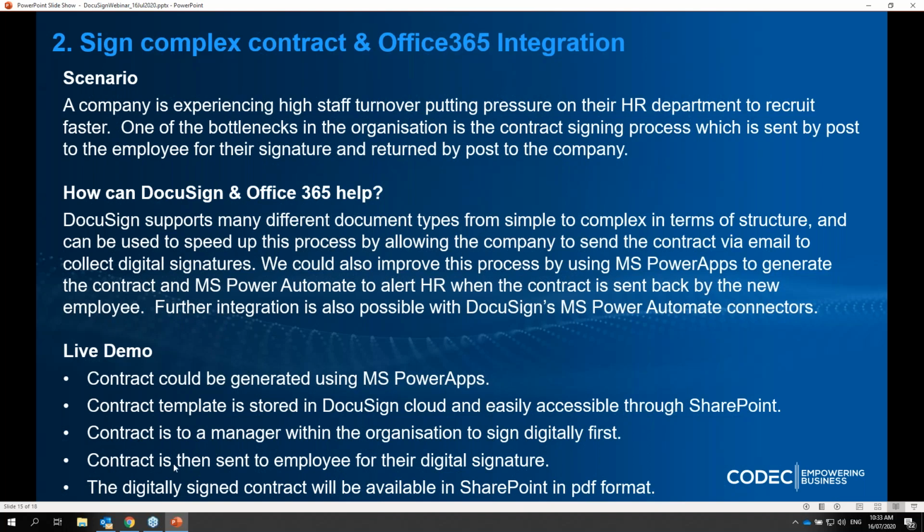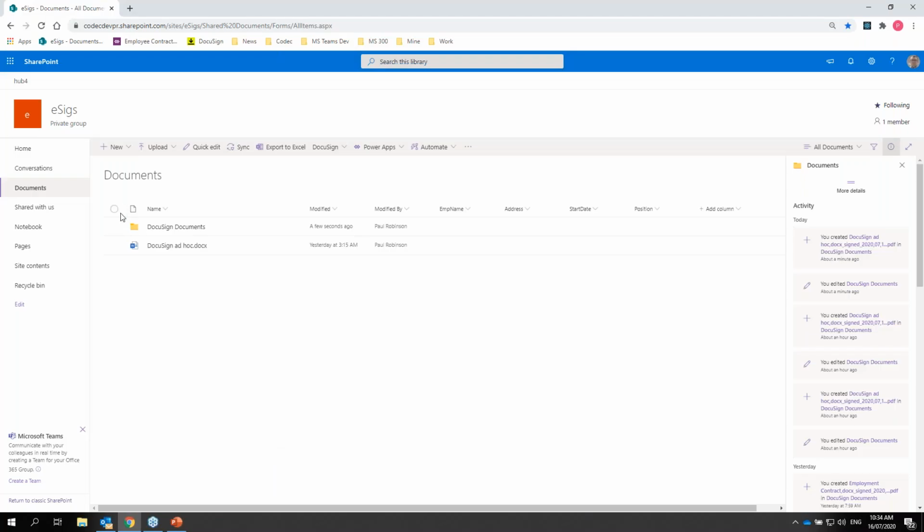And then we're going to send it on to the new staff member for their digital signature. The digital signature will then be stored in SharePoint for us. And when that file is created on SharePoint, it's going to trigger a workflow, which will result in an email alert going to HR to let them know that a new contract has been received. Okay, so that's our example. Let's have a look at that in action.